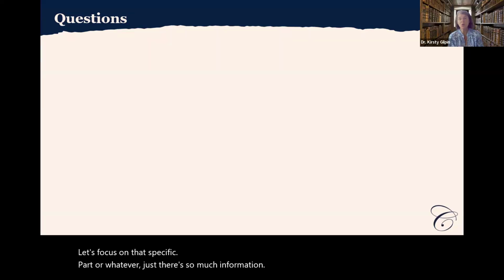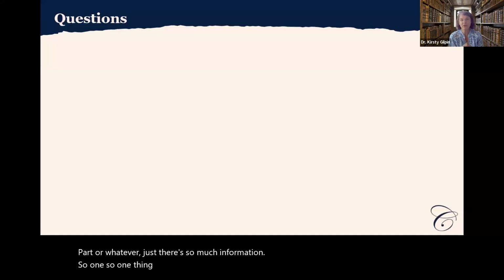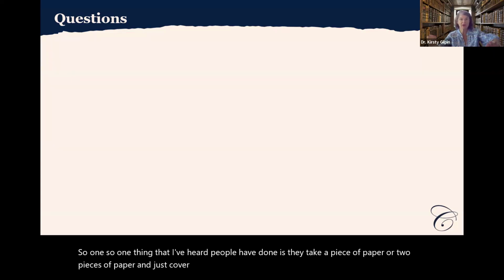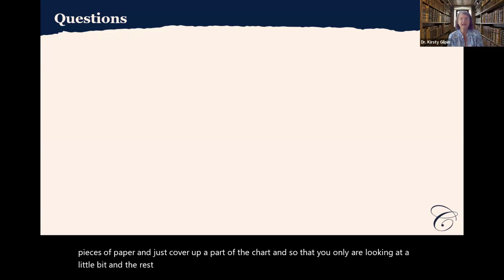So one thing that I've heard people have done is they take a piece of paper or two pieces of paper and just cover up a part of the chart, so that you only are looking at a little bit and the rest of it's covered. And at home, I would say you choose, hey, what's one thing that we're going to look at?